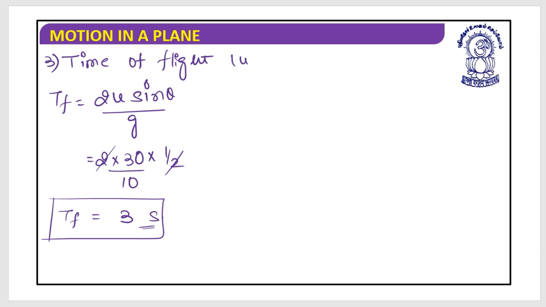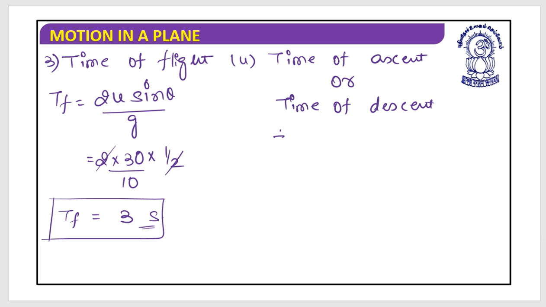So, next, it's the time of ascent or descent. As I know, both are the same. This is TA or TD, that is U sine theta divided by g.